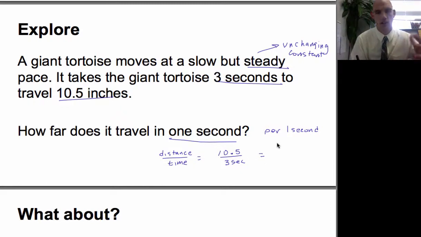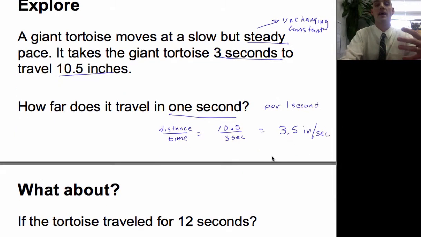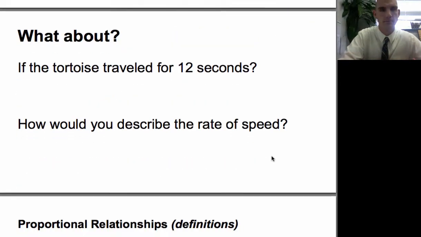Well, if I look into that, I'm thinking to myself, okay, if I've got 3 times 3, that'd be 9. So it's 3.5 inches per second. And that slash means per. Okay, so that's a constant rate. We're saying each second it traveled the same amount.